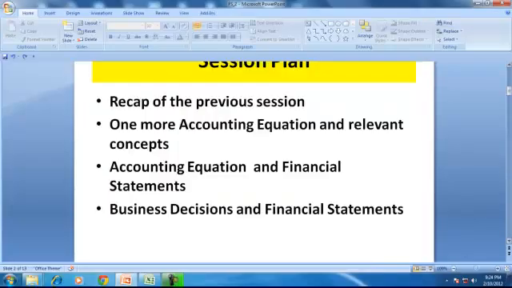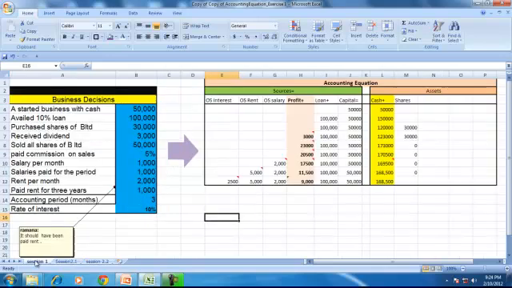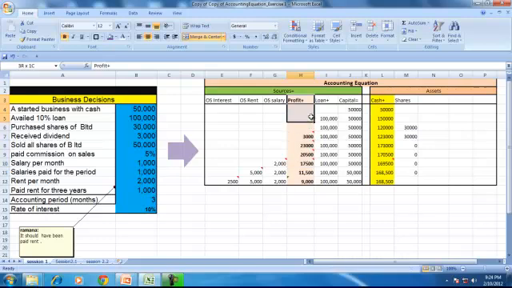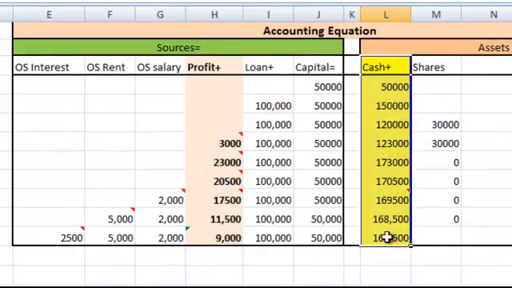Let us first recap. In the last session, we saw a set of transactions and converted that into the accounting equation. We saw that two important items on the accounting equation kept on changing. That is the profit and the cash.